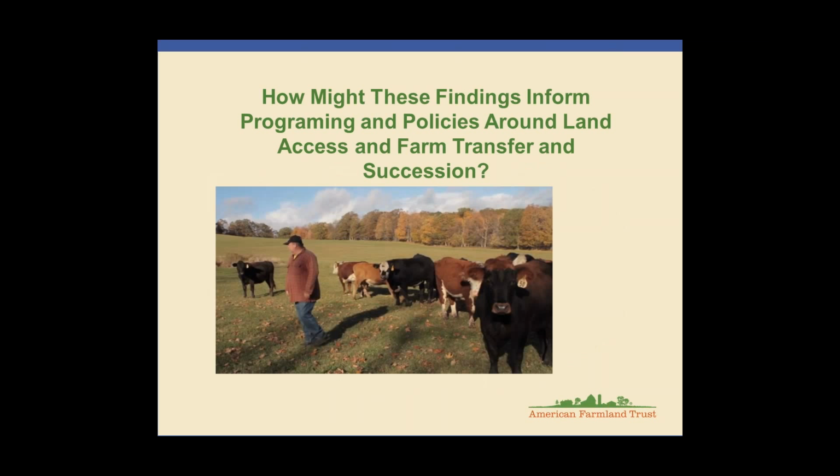That was very helpful. So how can these findings inform programming and policies? What did they tell us? I think for us, they raised as many questions, more things that we wanted to know, as much as they helped us think through some of the implications.